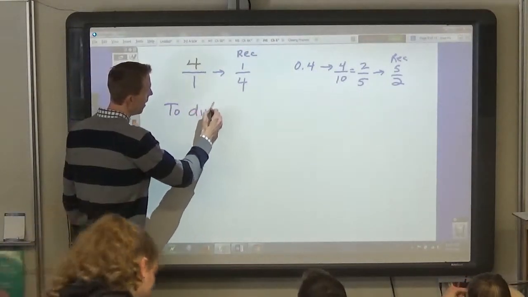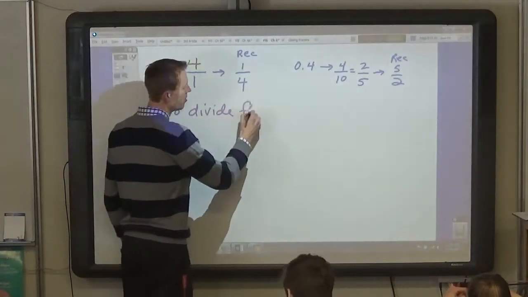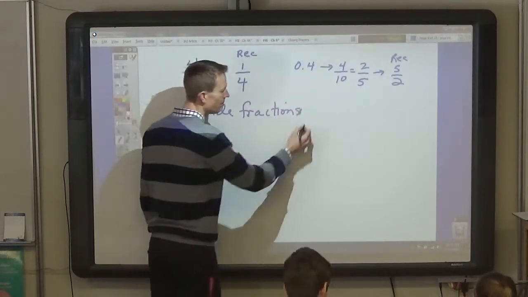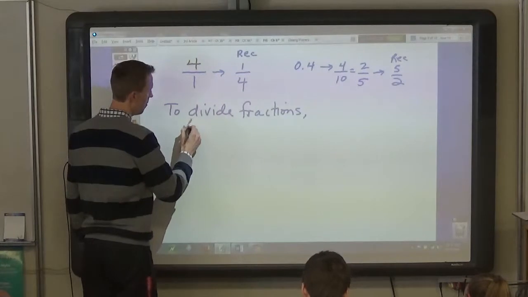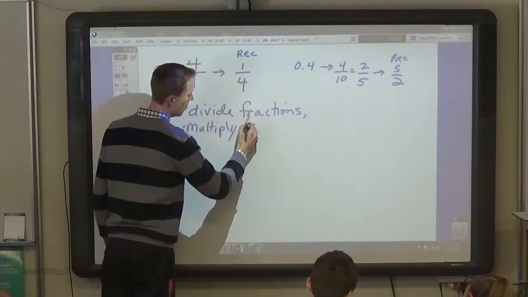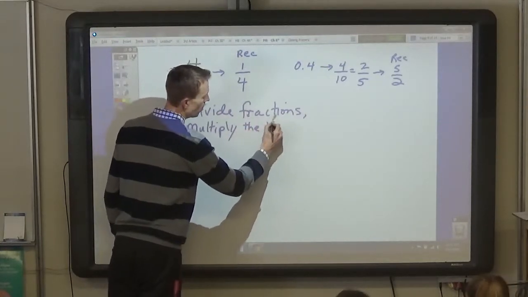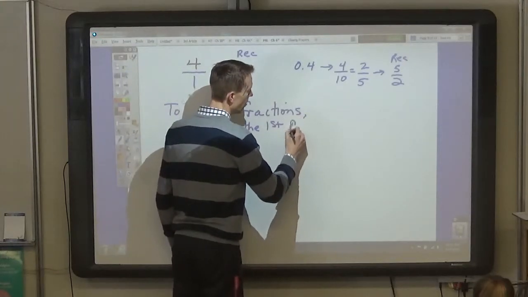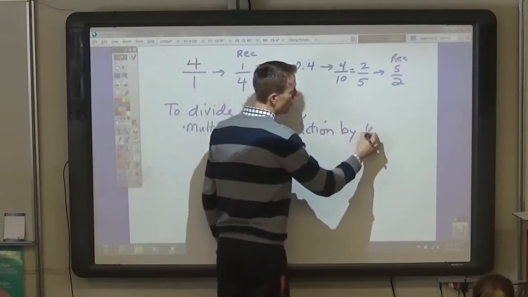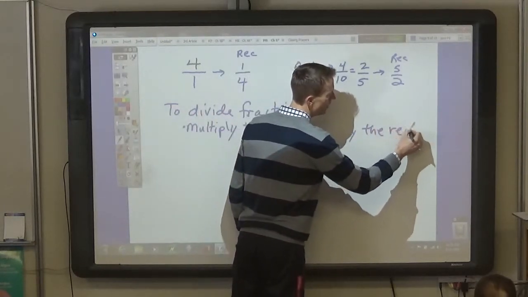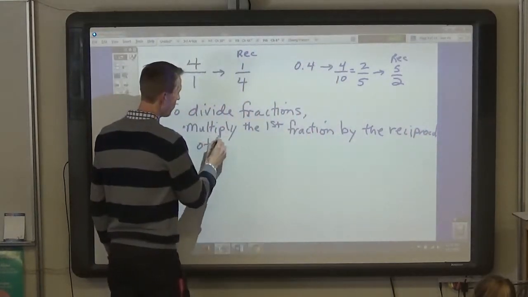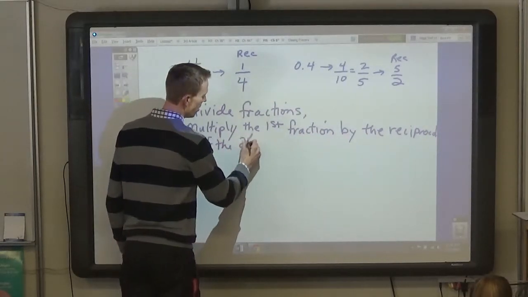To divide fractions, multiply the first fraction by the reciprocal of the second fraction.